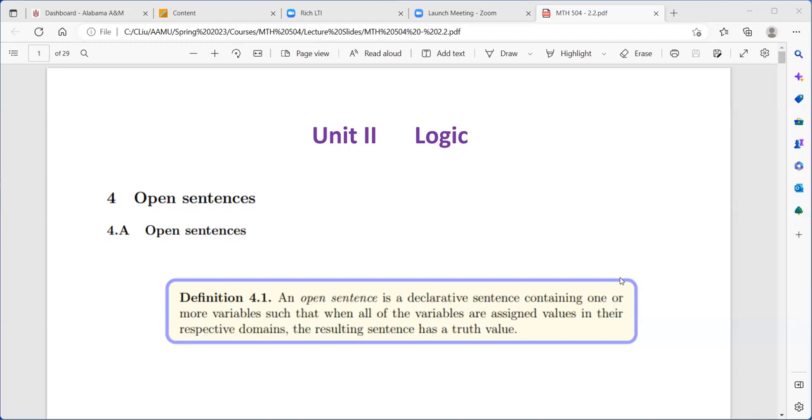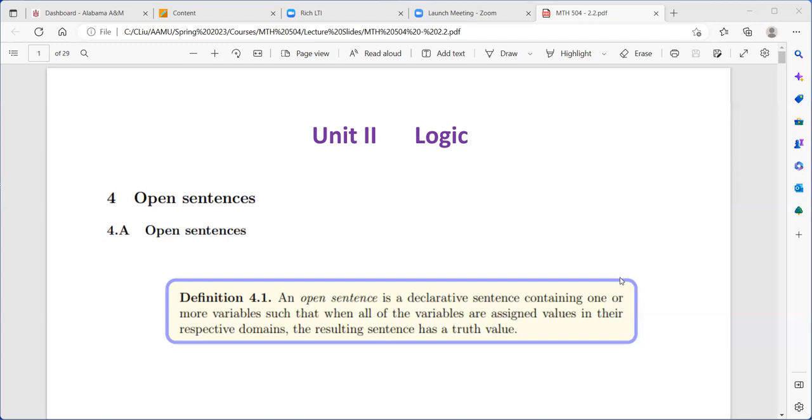So not only does an open sentence not have a truth value, but it also has some variables, maybe one variable or more, that if you assign specific values to them, then it becomes a statement. So it needs to give you a truth value. So that's the only difference.